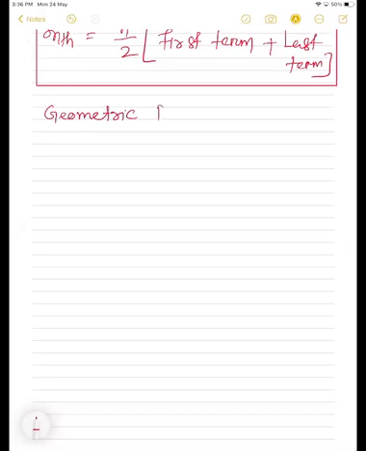Geometric progression, that is GP, correct?